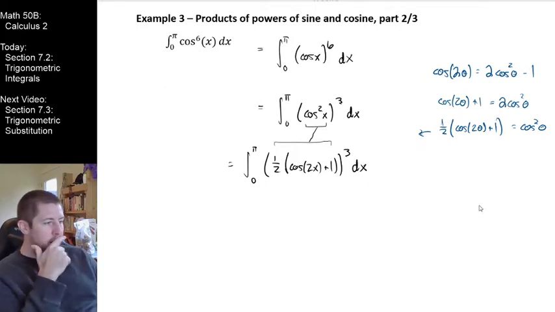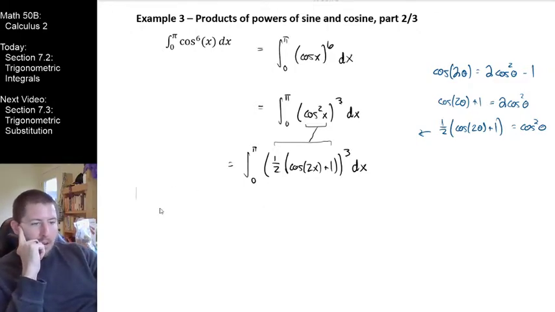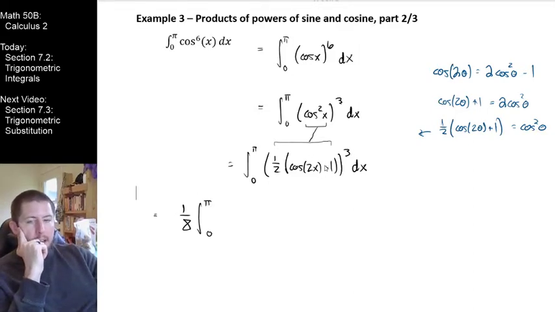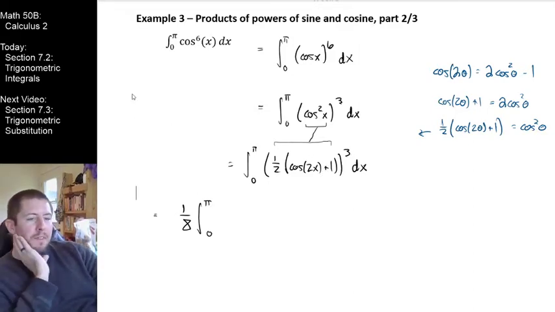So let's go ahead and see if we can identify how we're going to make this happen. I'm going to do two things. One is cubing the 1/2 to get 1/8 and pulling it outside the integral. The other thing I want to do is cube this binomial term right here. I'm thinking about what these coefficients might be, if you recall your Pascal's triangle for the binomial theorem.